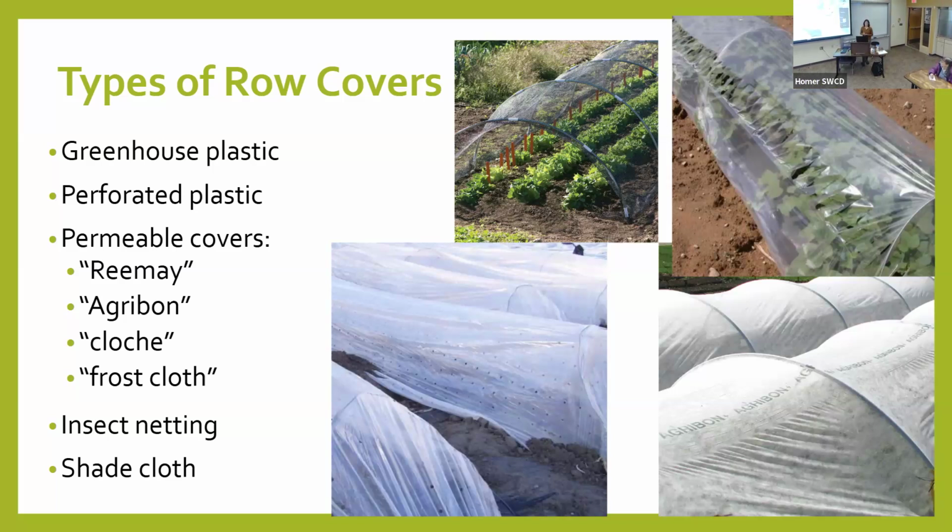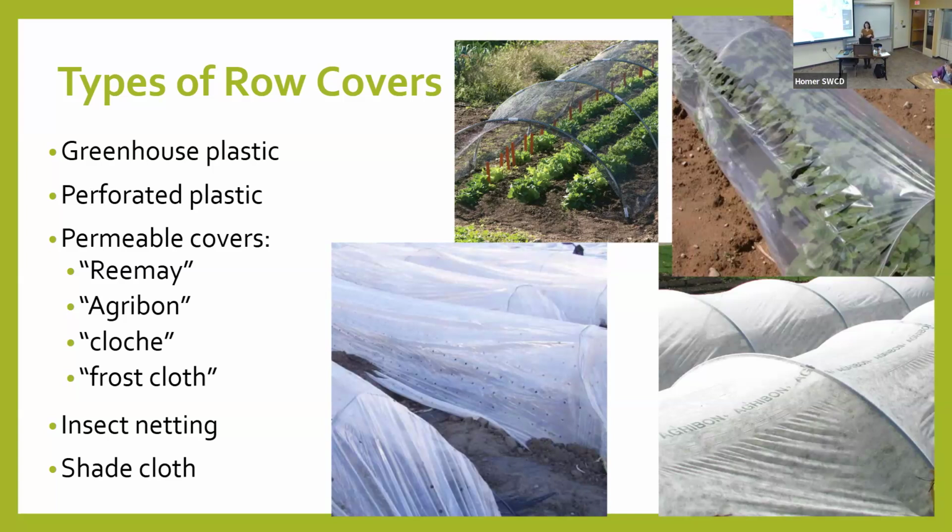So types of covers, like I said before, there's lots of different types of covers you can use. Greenhouse plastic would be the option that provides the most warming effect. But you can also buy perforated plastic. So the top right picture has slits in it, and it comes from the factory that way.